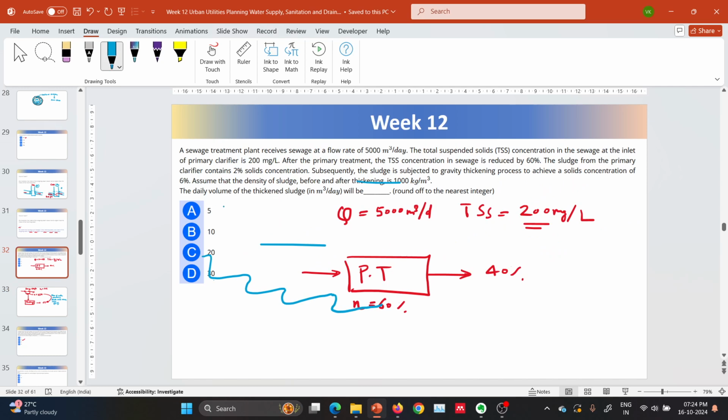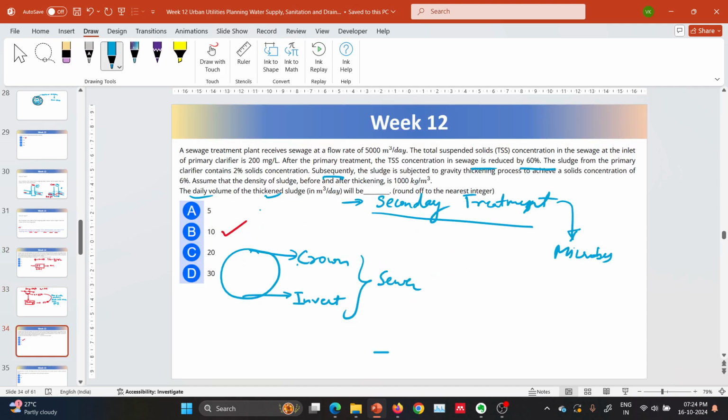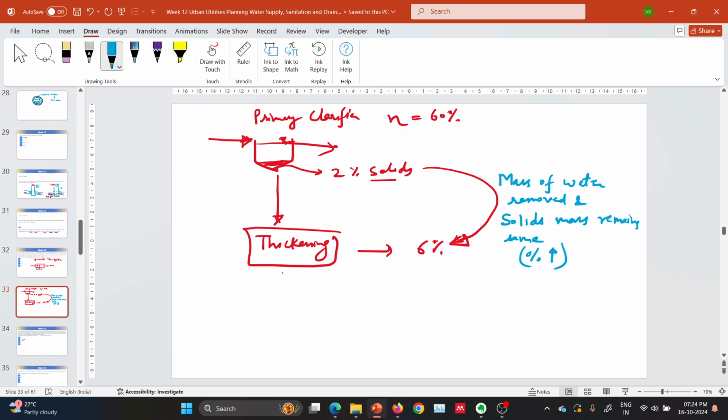So what the question is asking is the daily volume of thickened sludge in meter cube per day. So how much volume of thickened sludge are we getting?